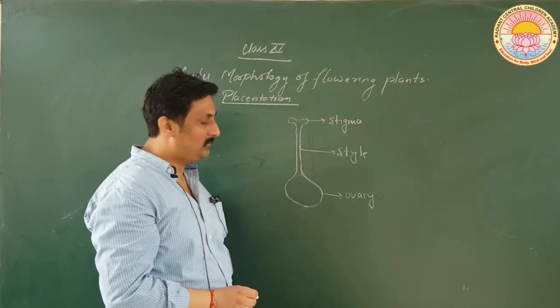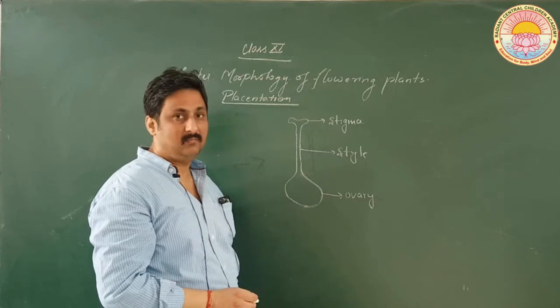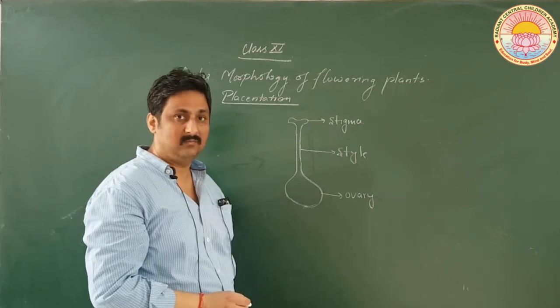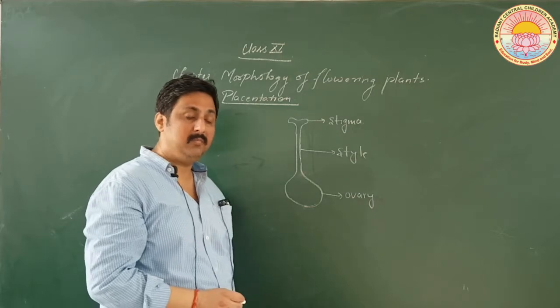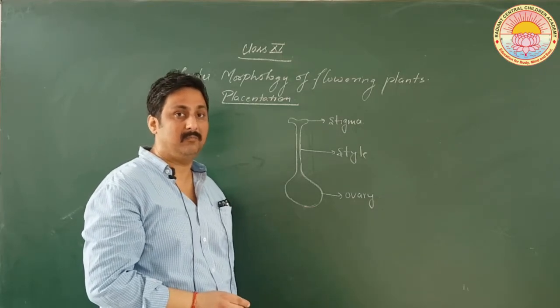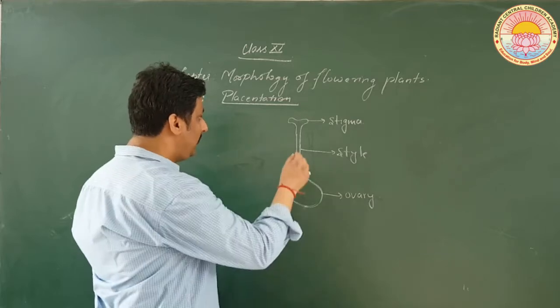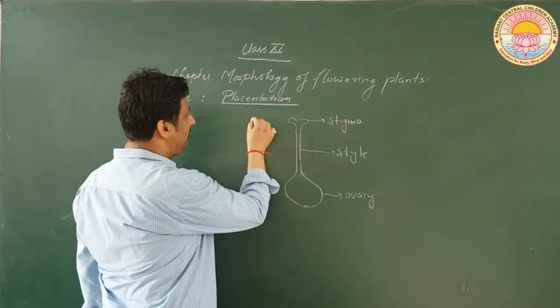It is possible that only one pistil is present in the gynoecium, or it may be more than one in the gynoecium, the female reproductive part. If present in more than one, they can be free.